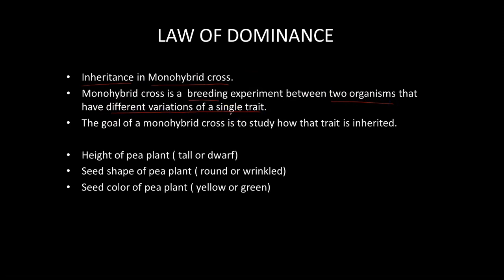Now different variation of a single trait basically means that, for example, if we take height of a pea plant, which is a single trait, the different variations present in it are that a plant can be tall or it can be dwarf. If we take the example of seed shape of pea plant, the shape can be round or it can be wrinkled.